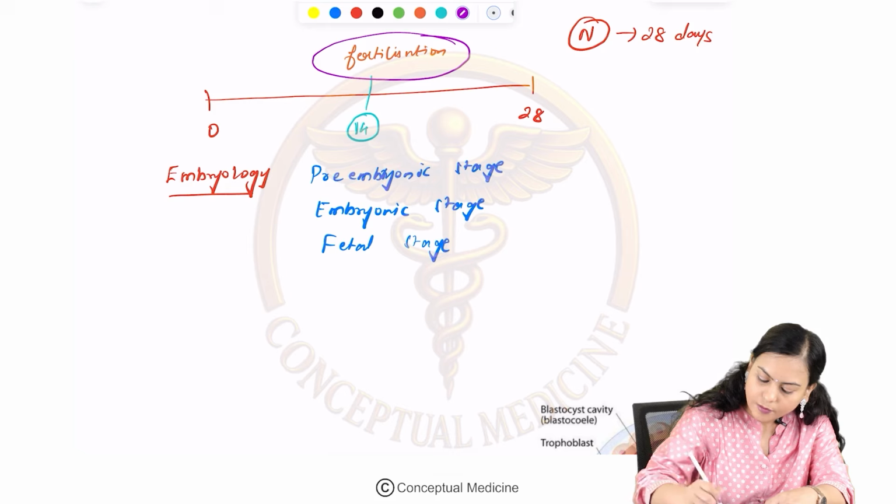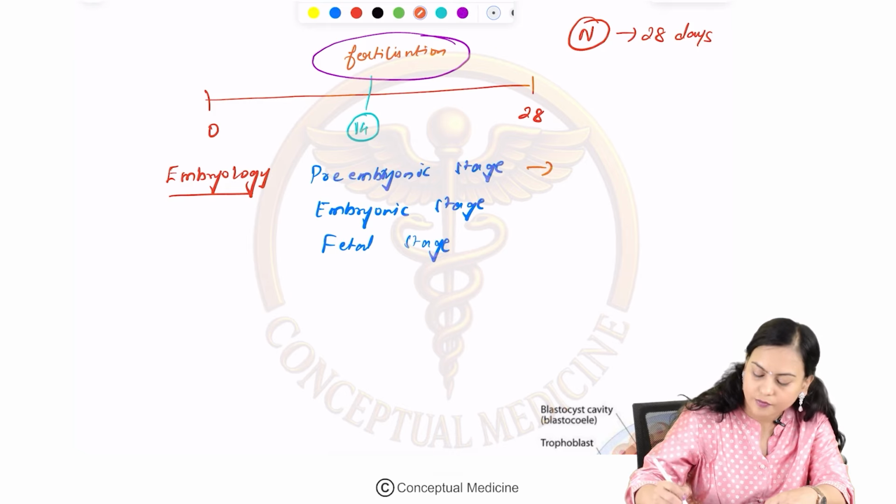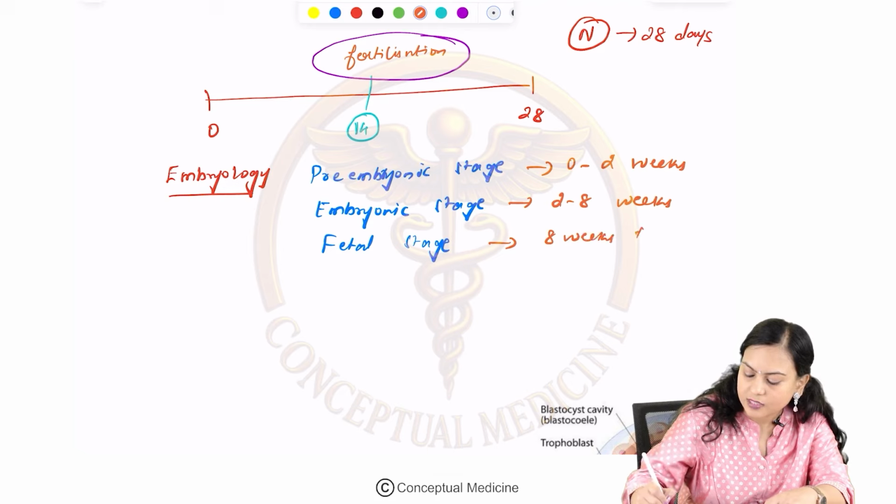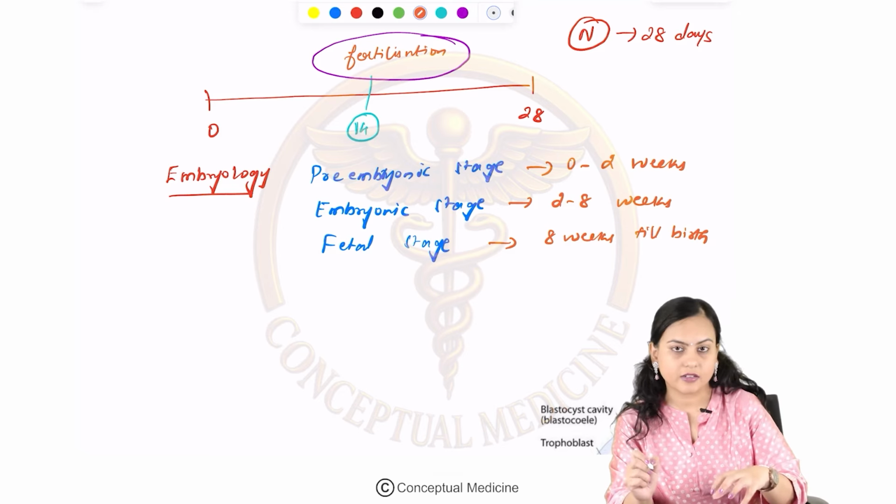So, this pre-embryonic stage lasts from 0 to 2 weeks. Embryonic stage lasts from 2 to 8 weeks, and fetal stage lasts from 8 weeks till birth. So, this is what we consider in embryology.